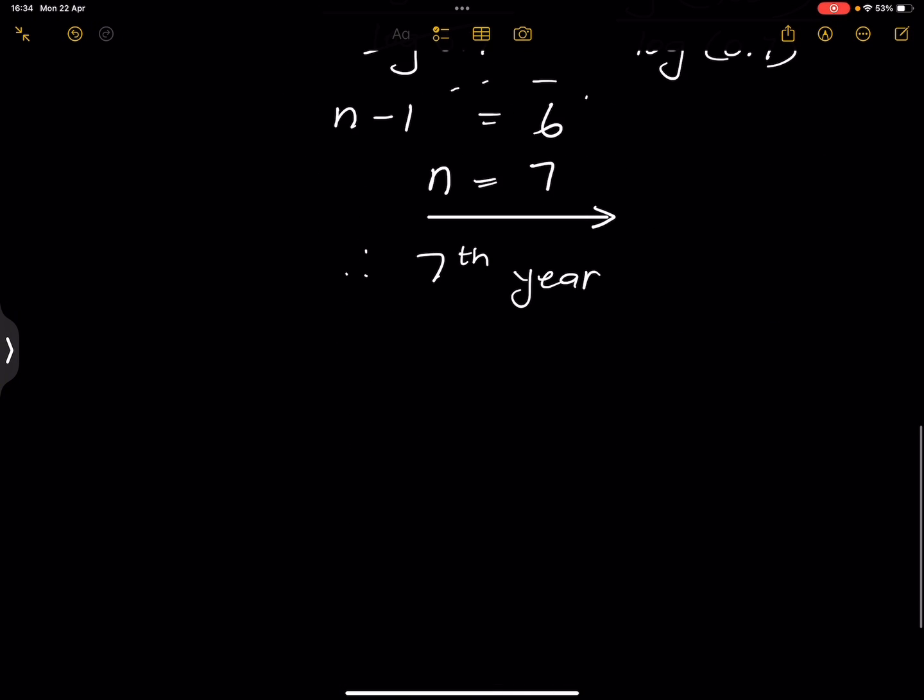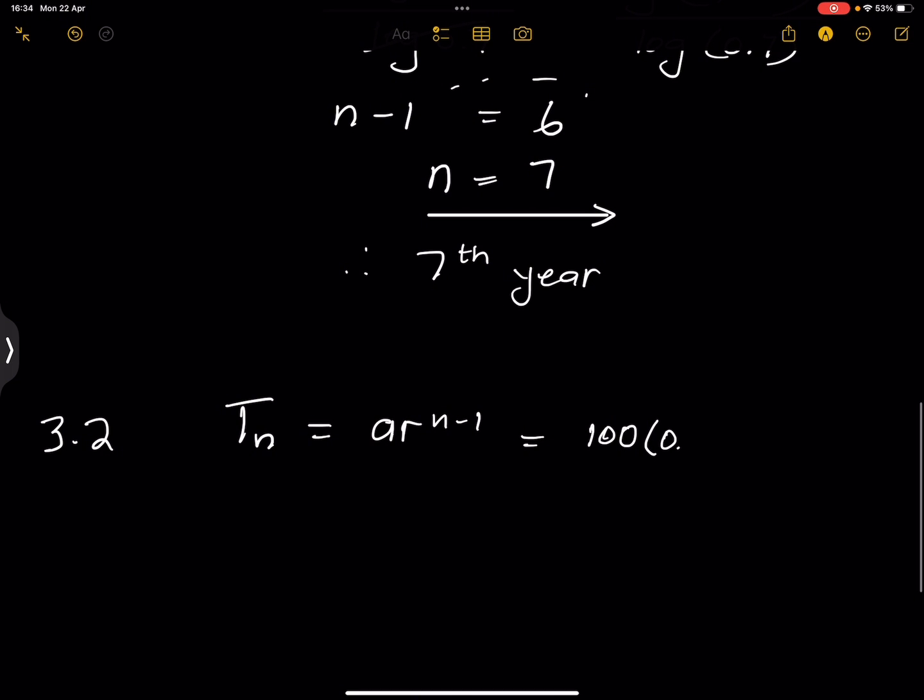So for 3.2, Tn is A R to the power n minus 1. Let's simplify that. We know this is 100 times R. We said our value for R was 0.7, isn't it?